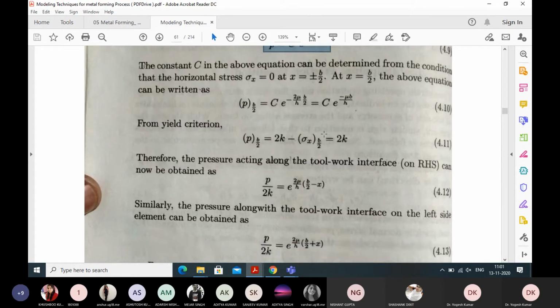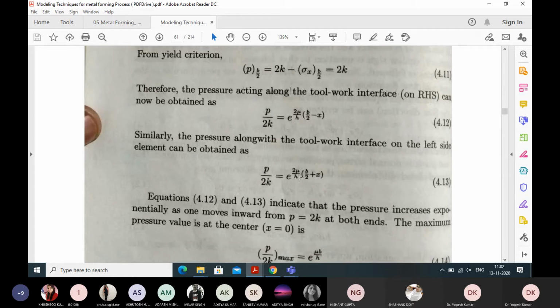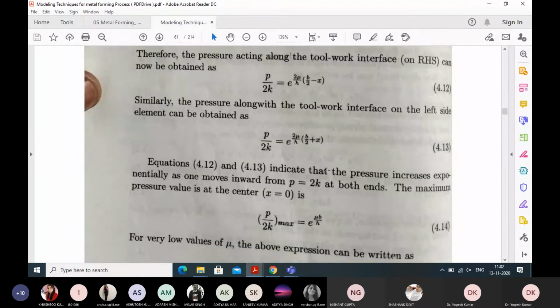This way we can find out the pressure acting on the right hand side or left hand side. In the left hand side, in the formula for P upon 2K, this minus sign has been replaced by plus: e to the power twice mu upon h into b/2 plus x.